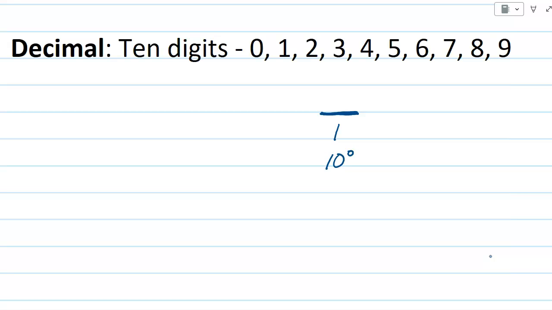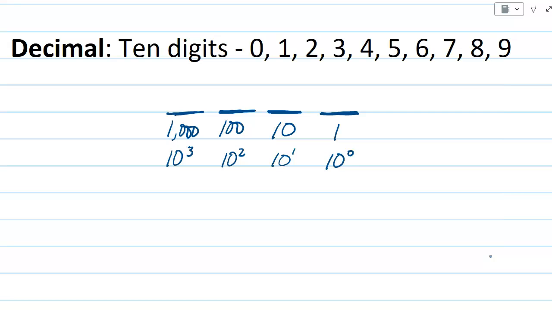It's the ones place. If we move over, we're now in the tens place. Well, guess what? That's just 10 to the first power. Hundreds place is 10 to the second power. The thousands place, 10 to the third power, and so on and so forth.